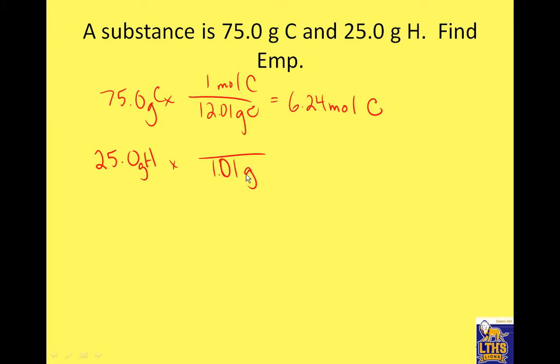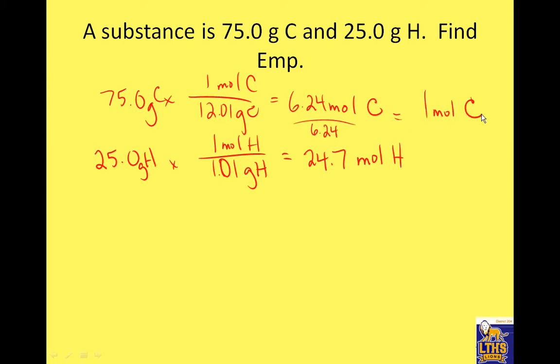What we're doing here is we're saying, well, I know that the empirical formula is the lowest whole number ratio of moles. And so then once you know that, you take the grams and change them to moles, and then you have to get it to the lowest whole number ratio, you have to use the smallest number of moles as a divisor.